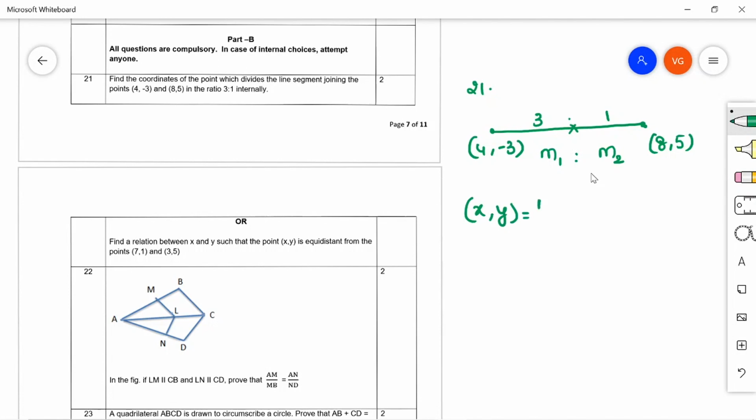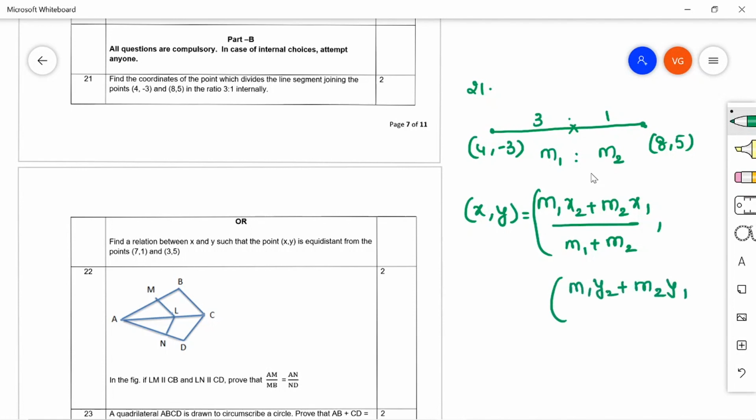The formula is m1x2 plus m2x1 divided by m1 plus m2, comma m1y2 plus m2y1 divided by m1 plus m2, right? So this is the point. Now let us call this as x, y, and the points be x1, y1 and x2, y2.